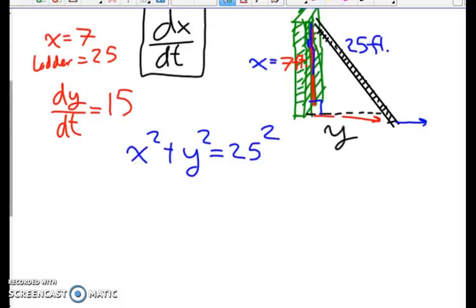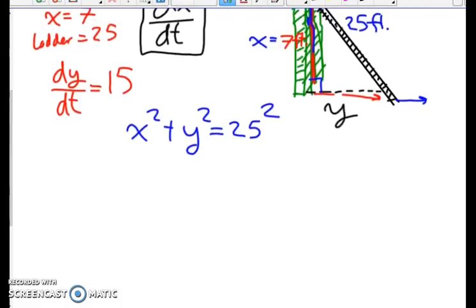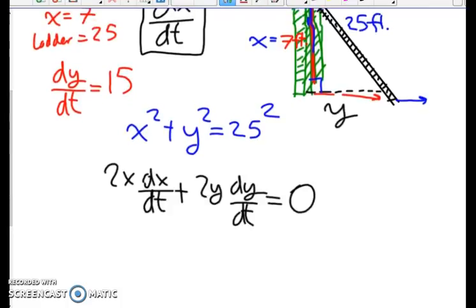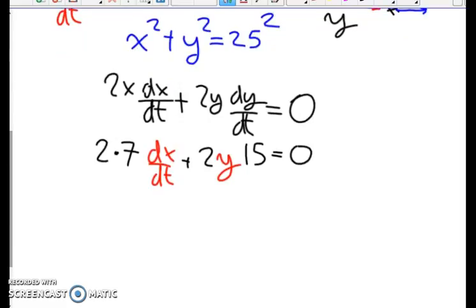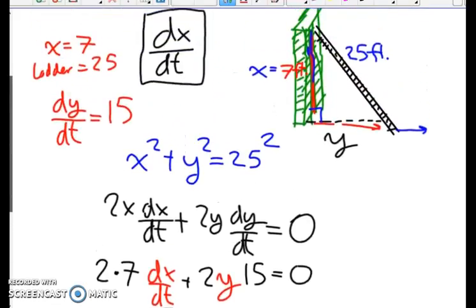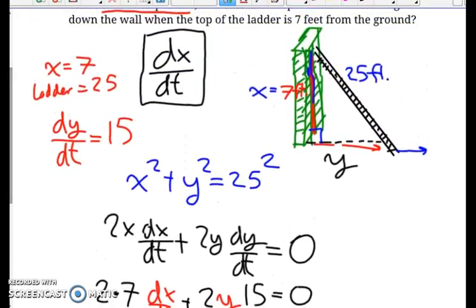All right, now that we have our equation set up, let's differentiate with respect to time. We should get that. Now let's sub in the quantities that we know. And we have a problem. There's two things we don't know: dx/dt, which is what we're trying to find, but we also don't know y. Looking back at our picture, we can actually figure out y at this point in time. We can use Pythagorean theorem.